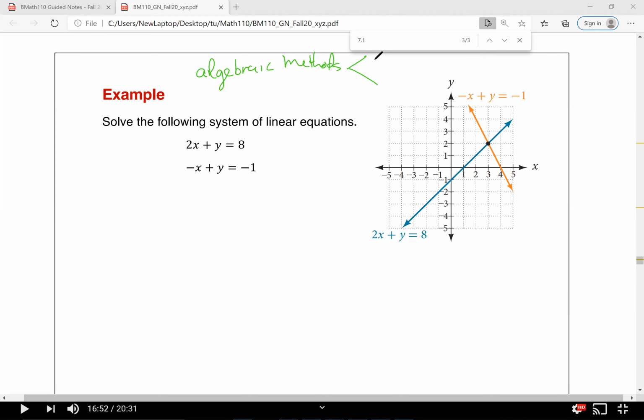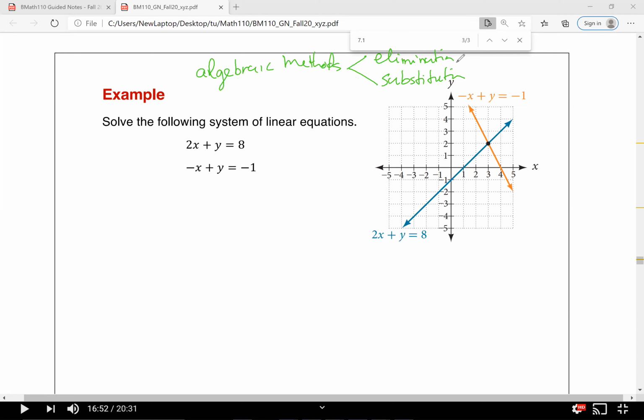One is elimination, and the other one is substitution. For this problem, you can actually do it either way.